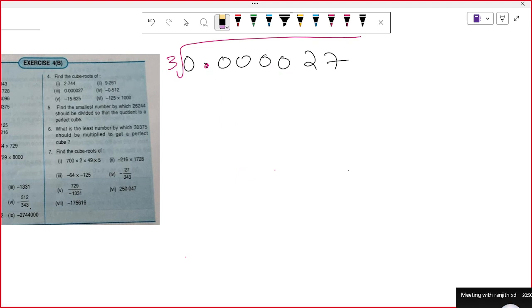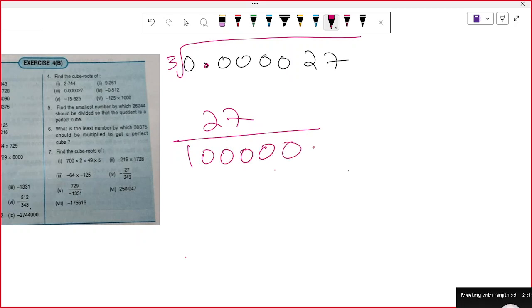The other way is to remove the decimal first. How many numbers are given here? 6. So you have to write 27 divided by 6 zeros, right? 27 divided by 6 zeros.